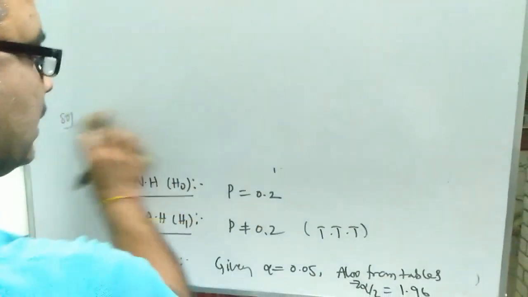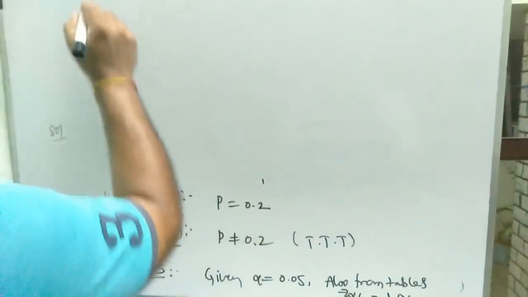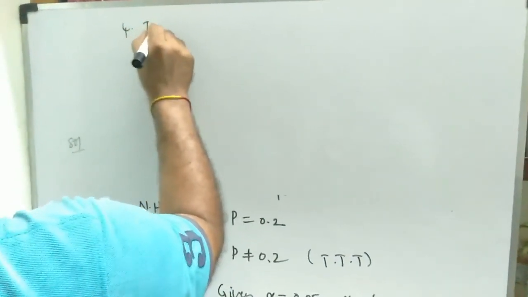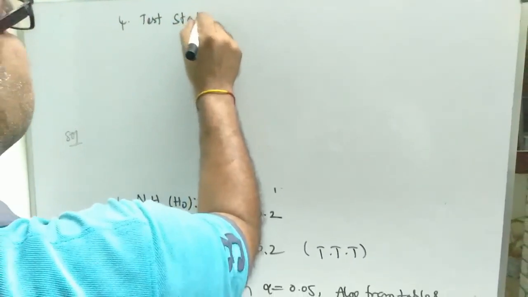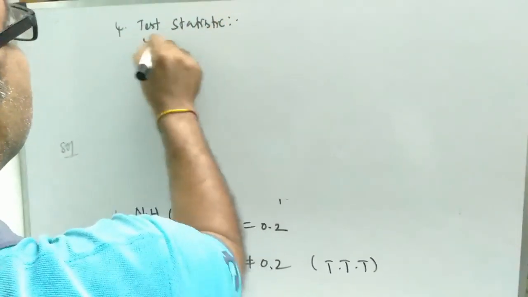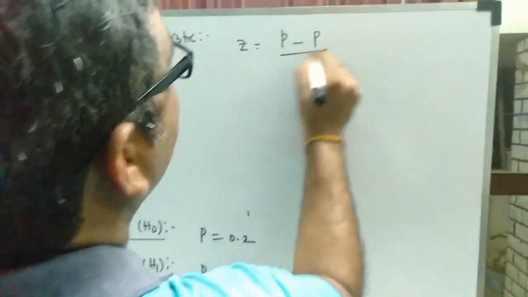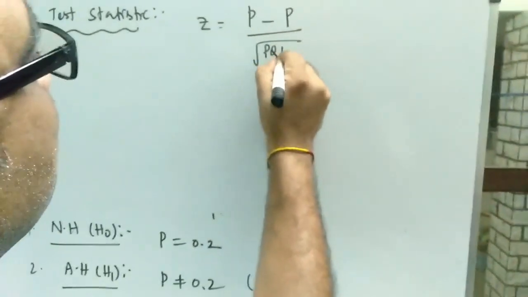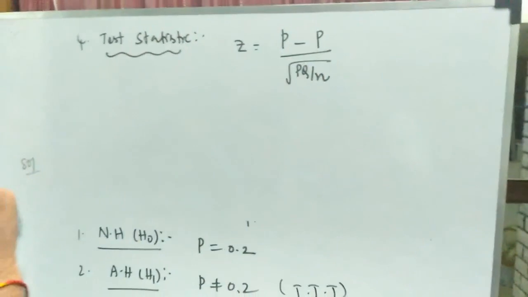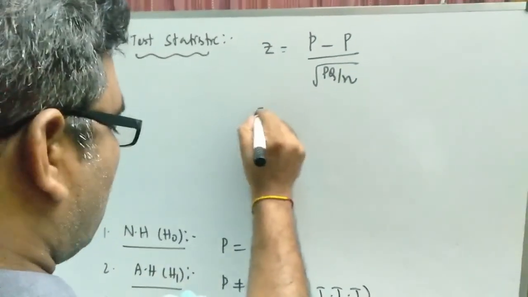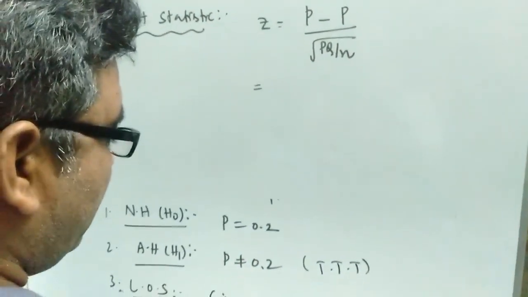Now go for the test statistic. The fourth point is test statistic. The test statistic z is equal to small p minus capital P by root of pq by n. So small p, what is the value of small p?